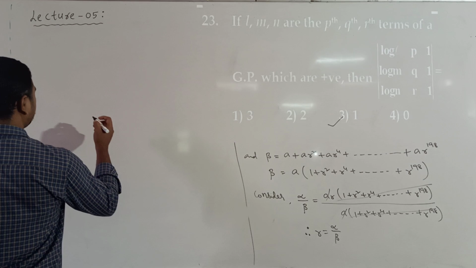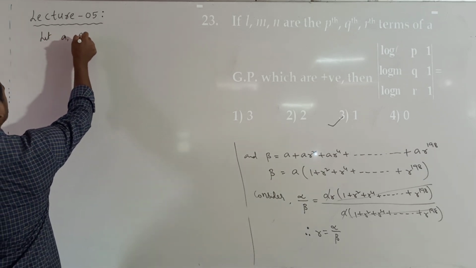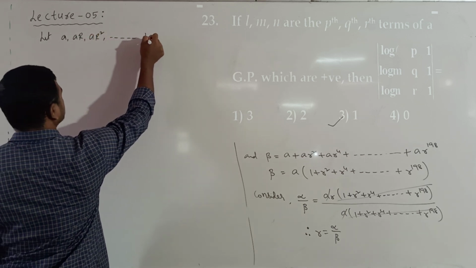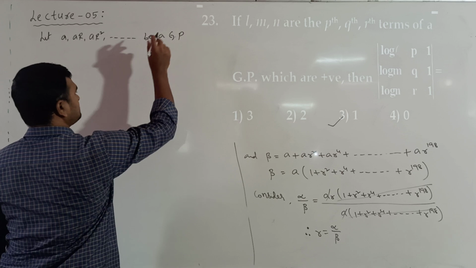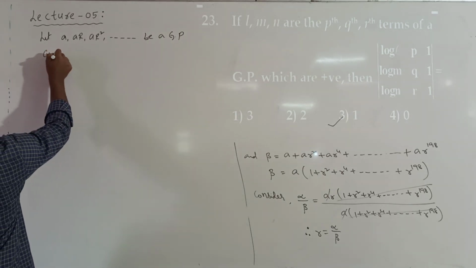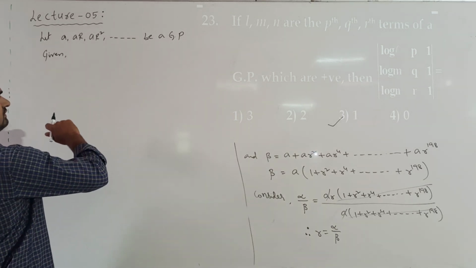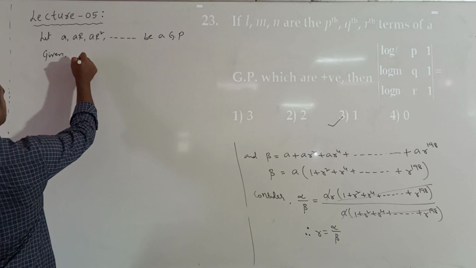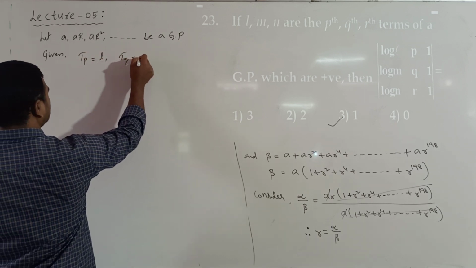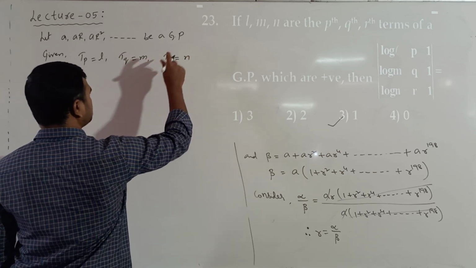So let us take the GP in the standard form: let a, aR, aR square and so on be a geometric progression. So what they have given is l, m, n or p, q, r are the terms. So the pth term is l, the qth term is m, and the rth term is n.